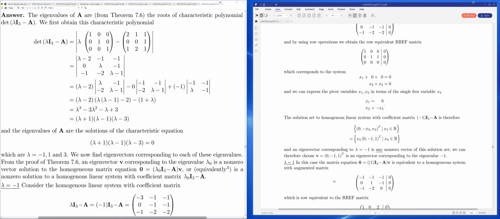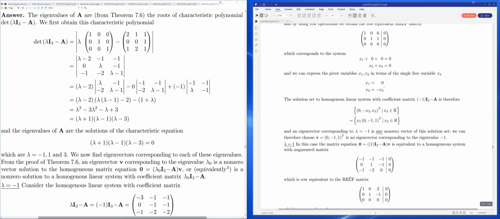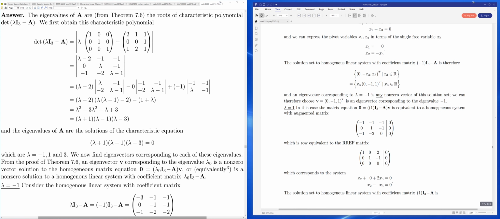And now an eigenvector v corresponding to lambda equal to 1 is going to be a non-zero solution for this homogeneous system, and this is your augmented matrix associated to this homogeneous system. Apply Gauss-Jordan to it.